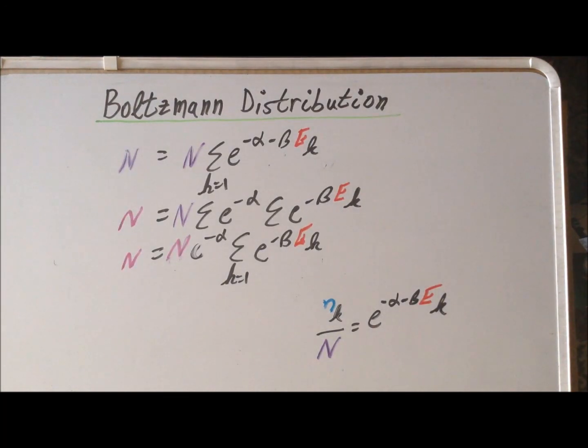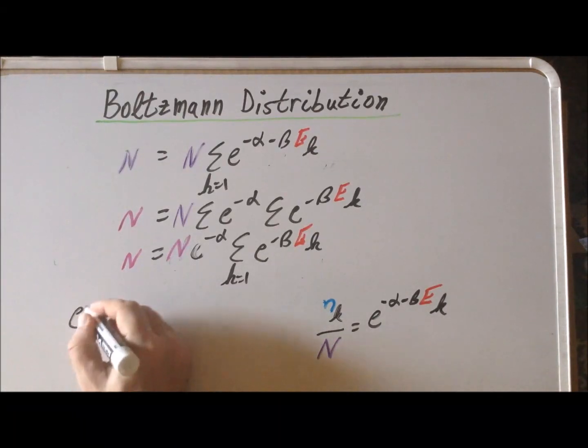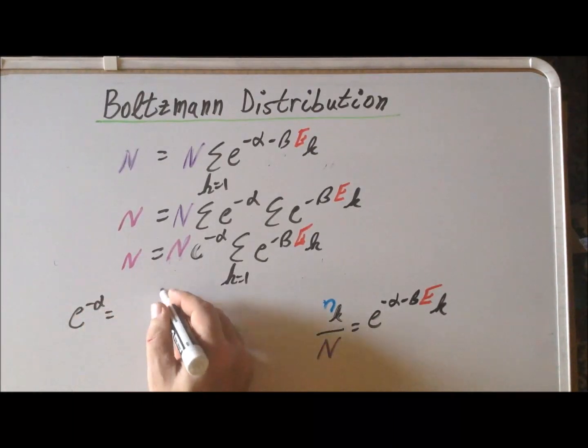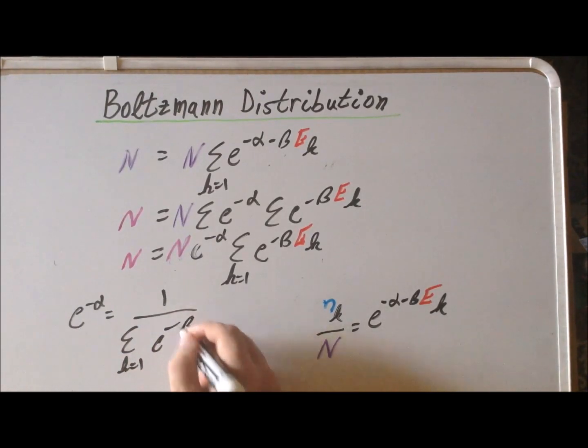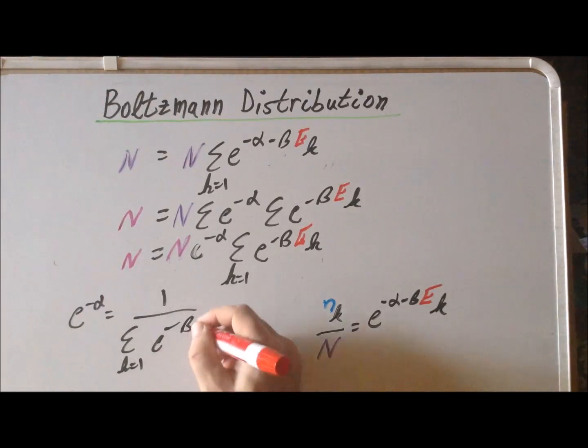Now we divide each side through by N, we have N on each side, and then divide each side by the sum of e to the minus beta times e sub k, and this will give us an expression for e to the minus alpha, which is going to give us 1 over the sum of e to the minus beta e sub k.